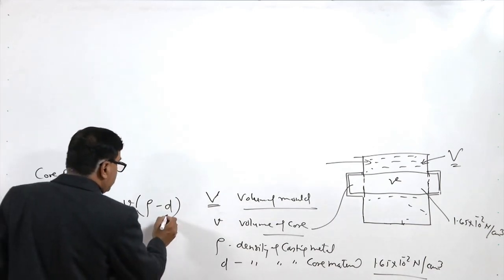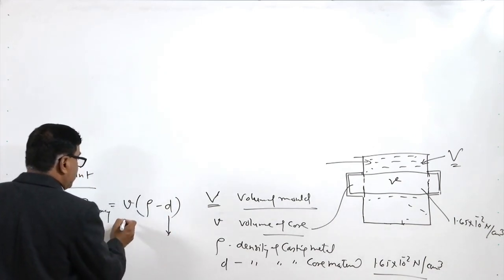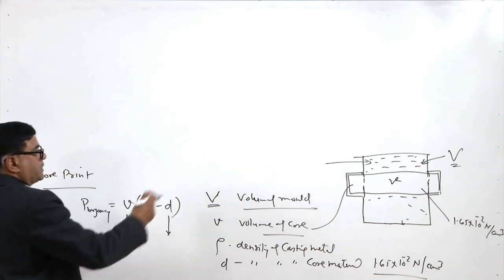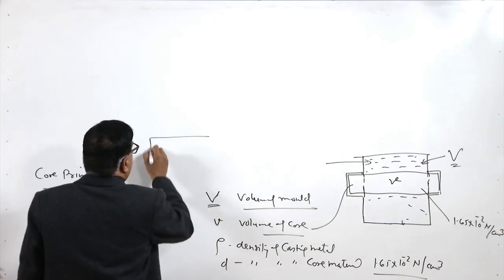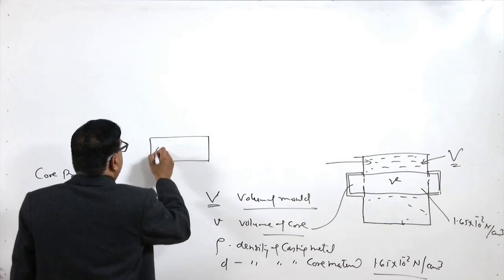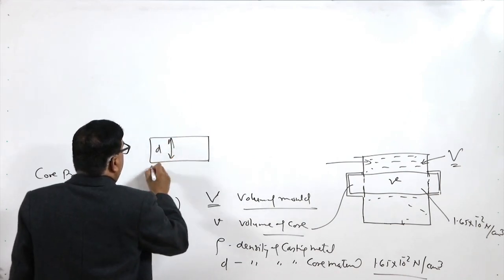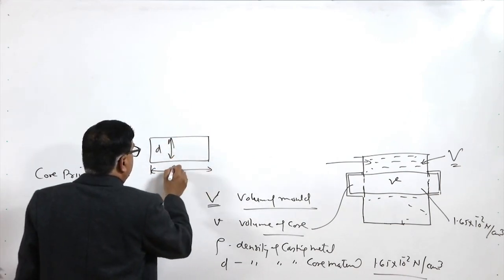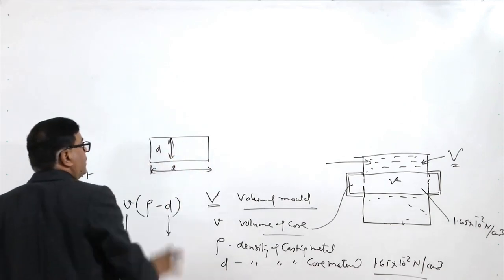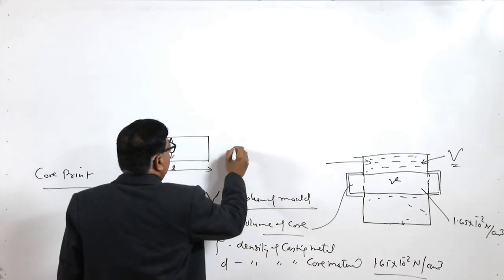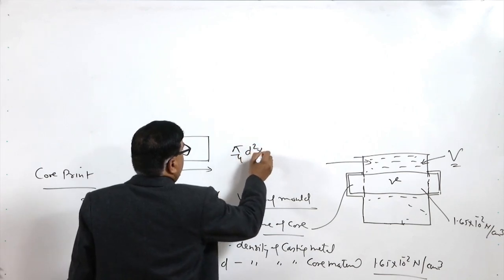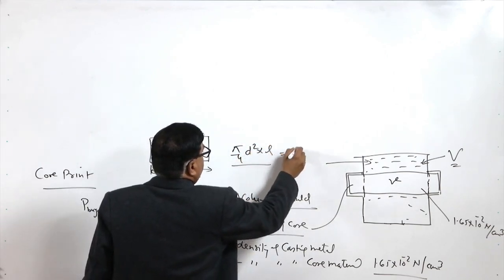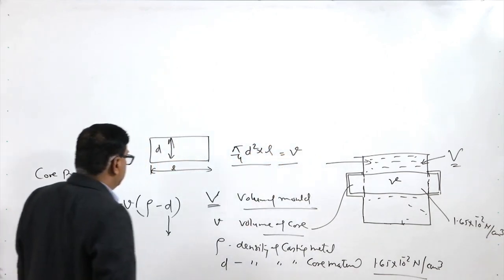We know the density of the core sand material. For a cylindrical core, if the diameter is d and the length is L in the mold cavity, pi by 4 d square L can be used for determining the volume of the core.